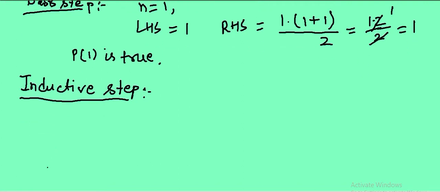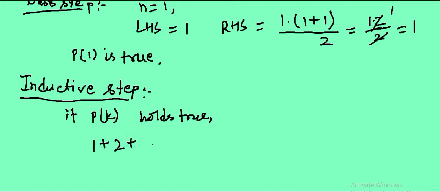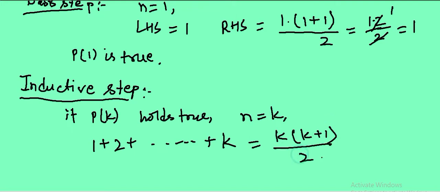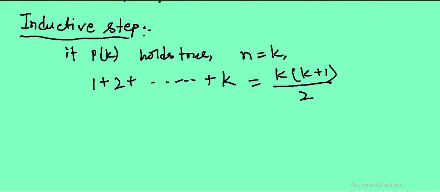If Pk holds for a positive integer k, then we assume that 1 plus 2 plus up to k is k into k plus 1 by 2.